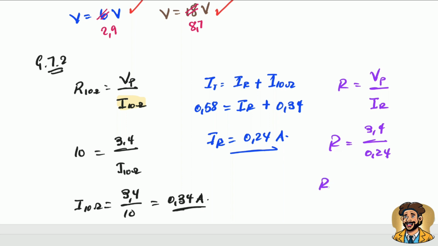So the resistance R is equal to 14,17 ohm. Guys, this is the end of the question.